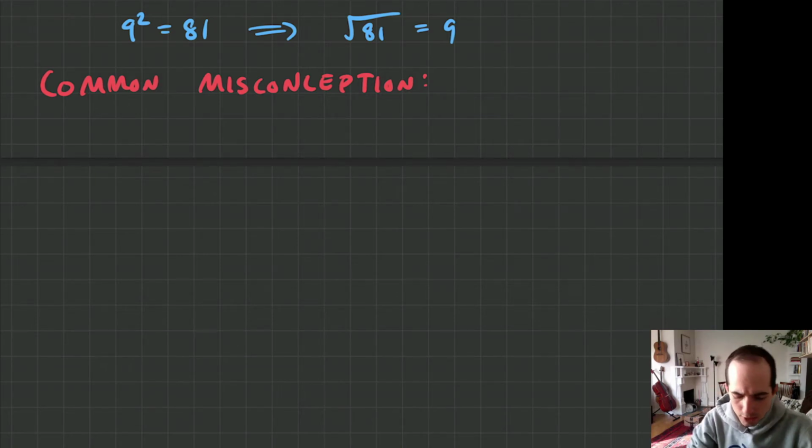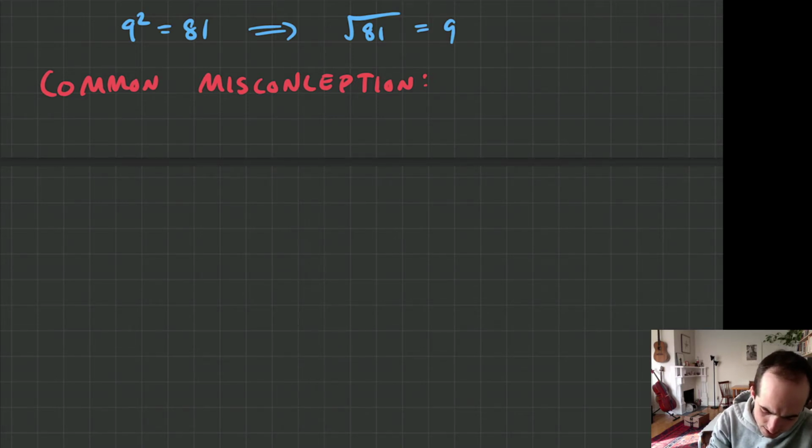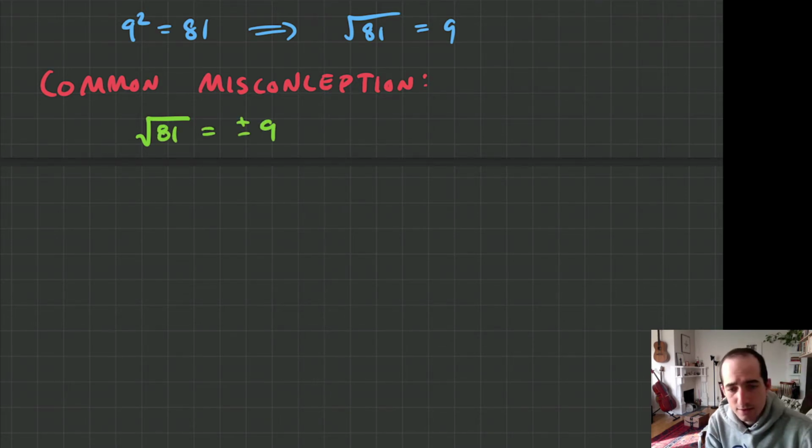So it's really good just now to know that this is a common mistake, and I don't want you to make this mistake. So the idea is that some people think that the square root of, let's say, 81 is equal to plus or minus 9. That's a very common mistake. It turns out that this is not equal.